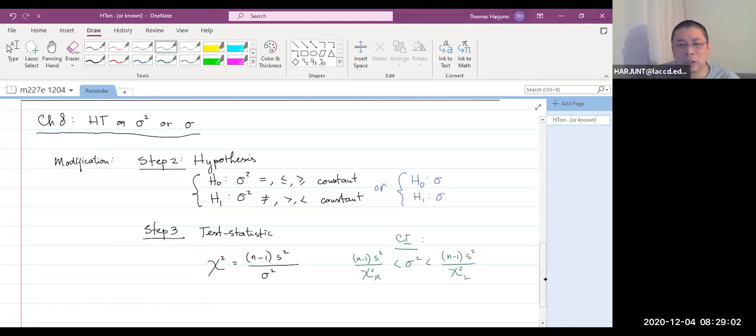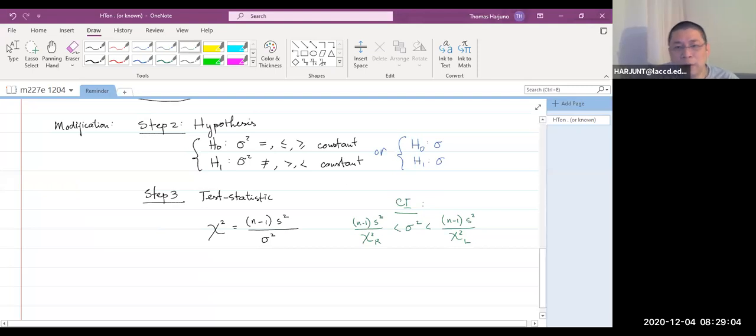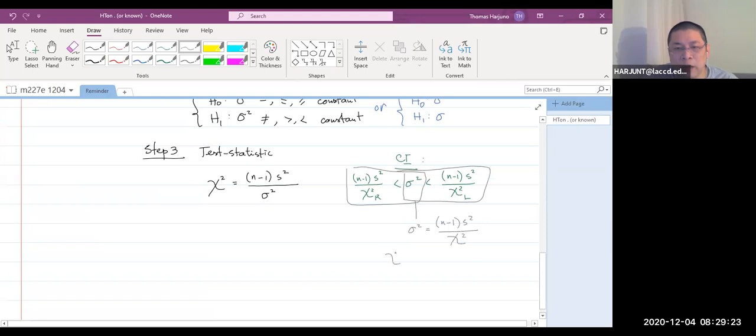Now, you can see if I modify from either of these two sides here, let's say this is equal to, right? Now multiply by chi-square on both sides and then divide by sigma squared on both sides.